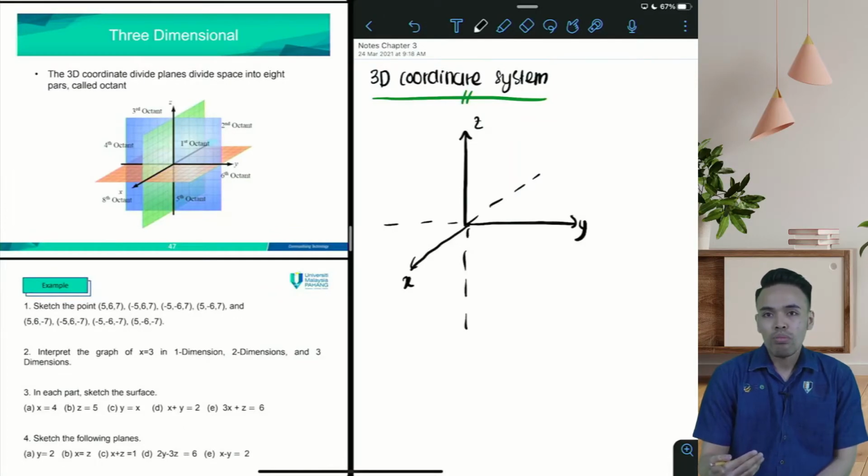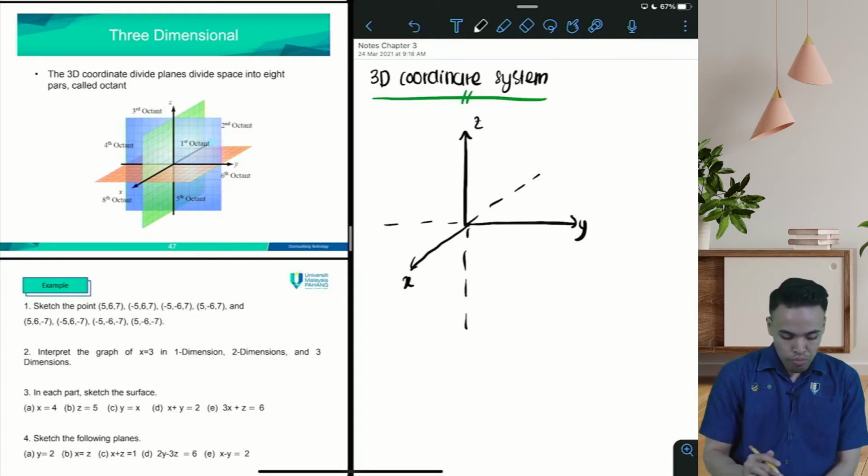Another room located right in front of the third room, which is beside the first room, we will call the fourth octant, followed by the fifth octant until the eighth octant.